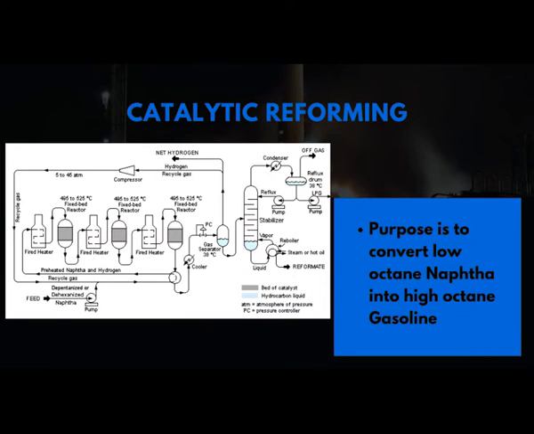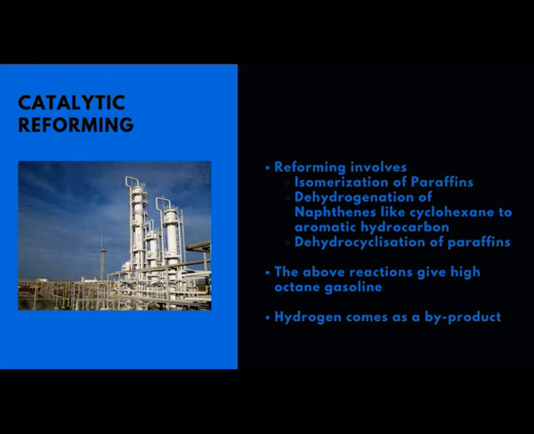As you see here in the process flow diagram, there are three furnaces and three reformer reactors. So, stage by stage, the naphtha stream undergoes a lot of chemical reactions. What kind of chemical reactions does it undergo? Let us see them. The reforming process involves isomerization of paraffins, dehydrogenation of naphthenes like cyclohexane to aromatic hydrocarbons, and dehydrocyclization of paraffins.